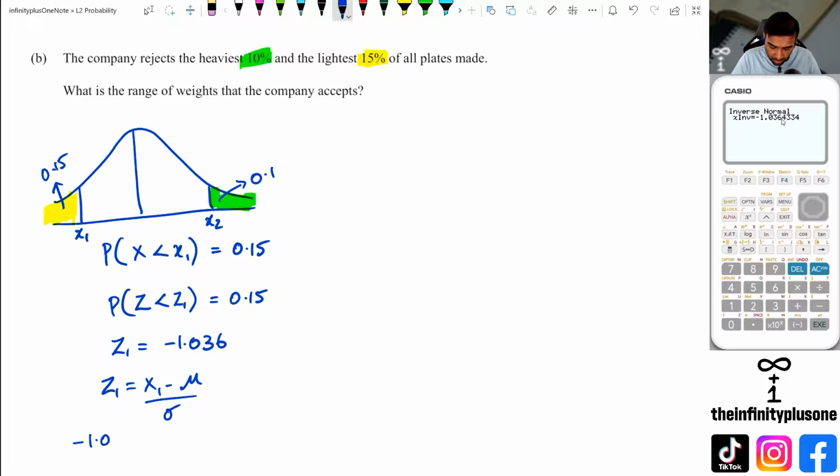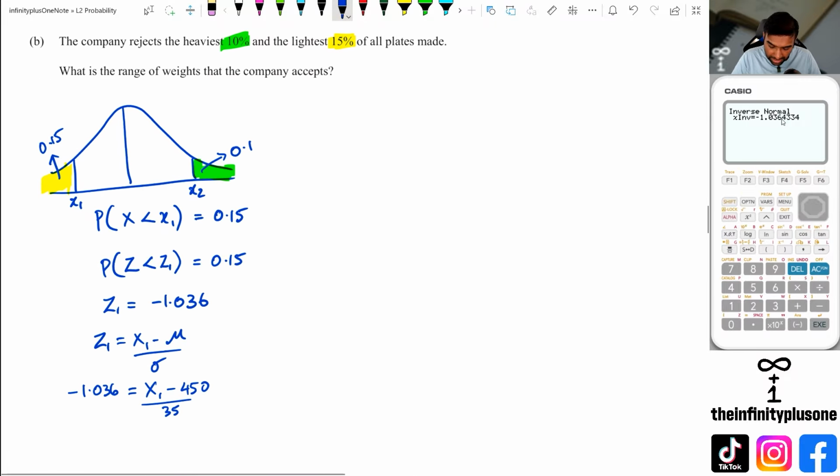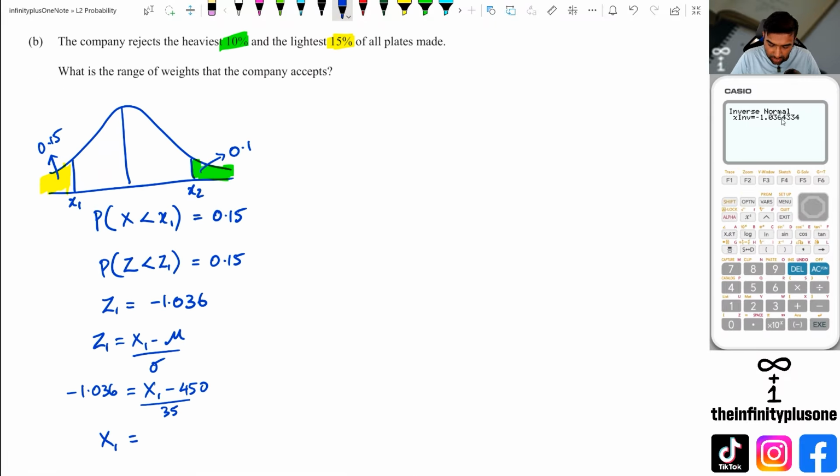So you're going to get negative 1.036 equals x1 minus 450 divided by 35. So now I would just write down x1 is equal to, I'd go back to the calculator and I'd put down 35 and 450. And that's going to give me 413.725. No, they're just going with one decimal place, 413.7 kgs.